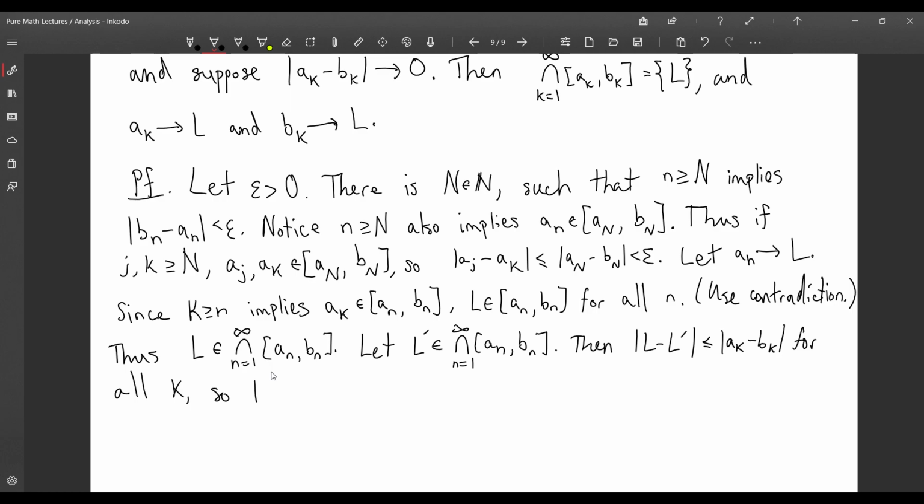So the distance between L and L prime is less than or equal to a sub big N minus b sub big N, which is less than epsilon.